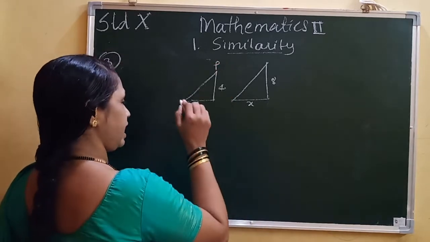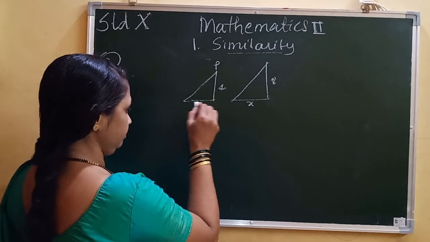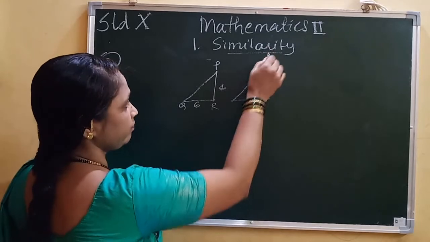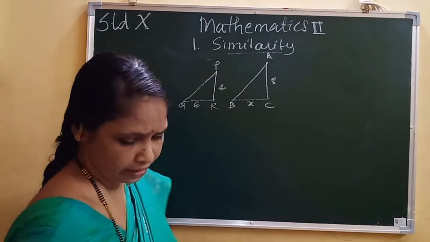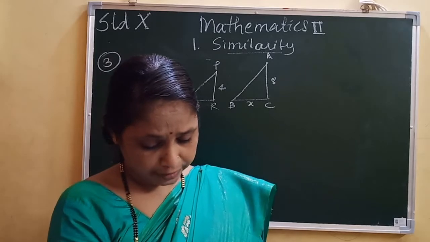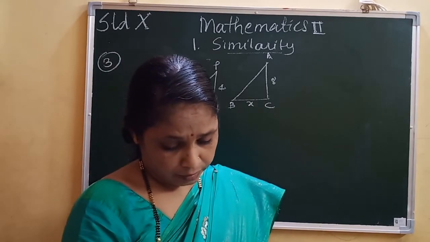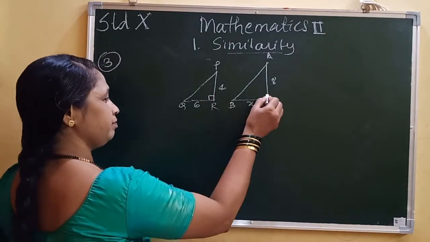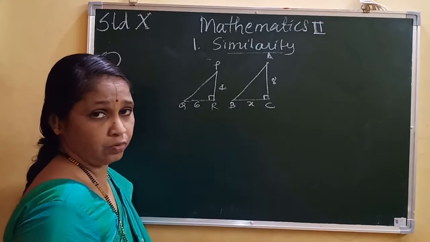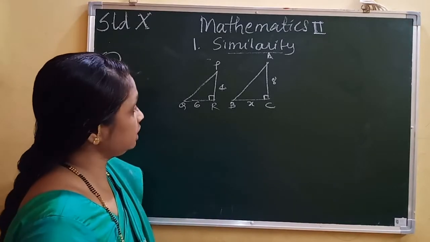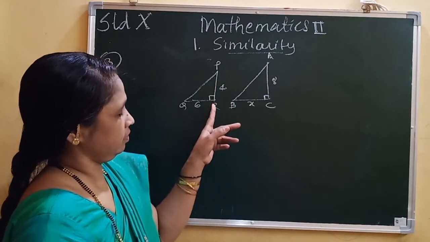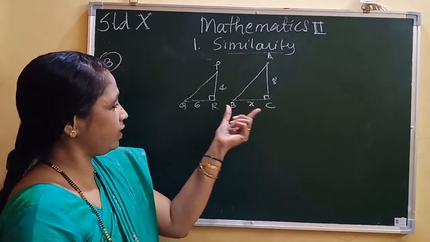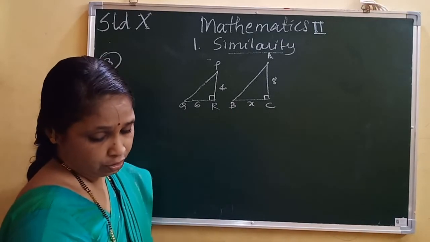So we give names as P, Q, R, and this we will give names as A, B, C. Okay. Now see what we have to do. Height perpendicular it is given. Now perpendicular means what? This will be 90 degrees. Now this PR and AC are the two poles, and QR and BC are the shadows of the two poles.